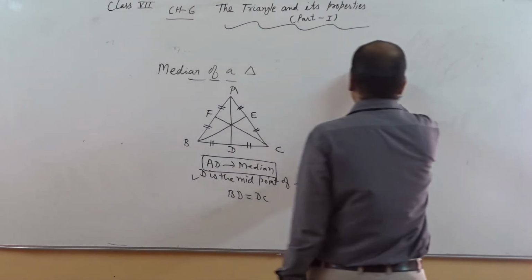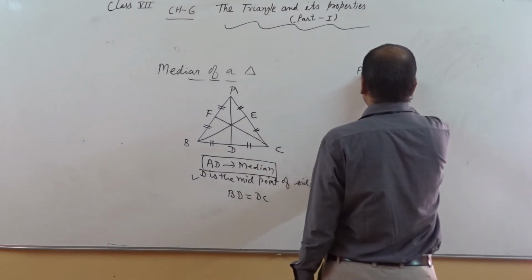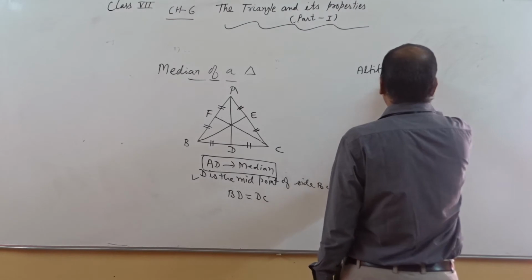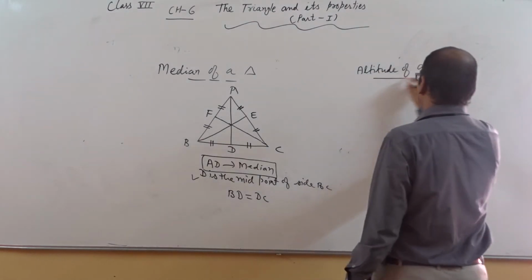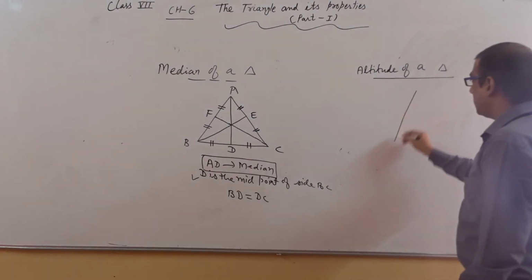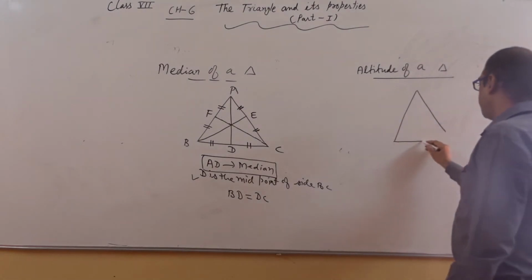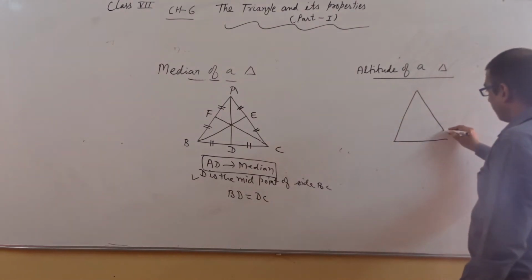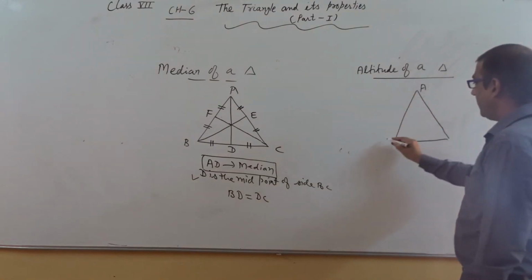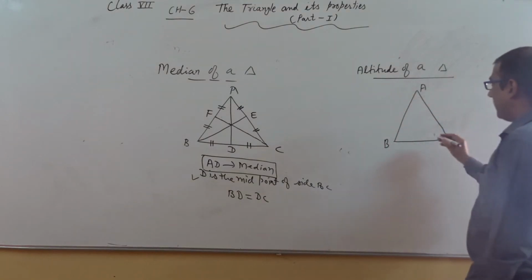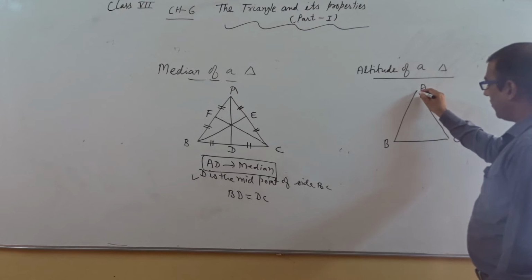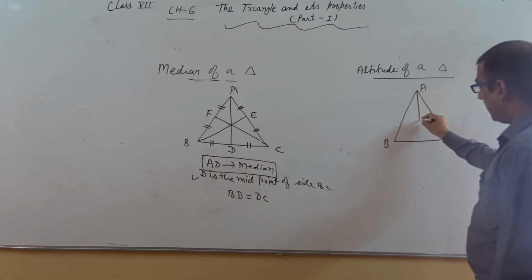Now we will continue with the altitude of a triangle. Altitude of a triangle. So first we will make a triangle. This is A, B, C. Now I will draw a perpendicular here.